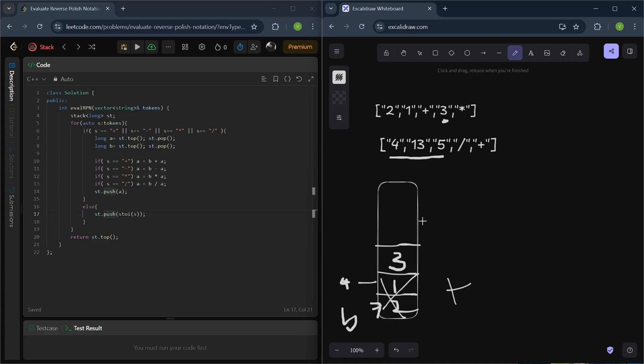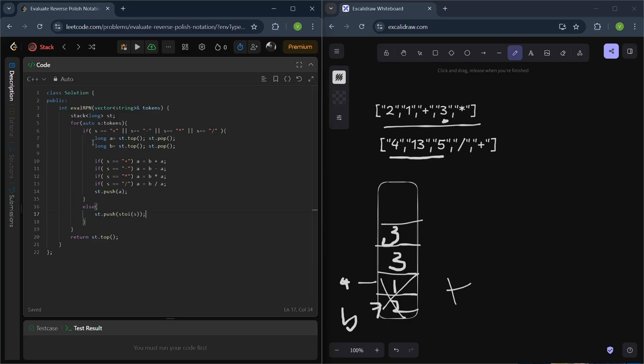After that, the loop will run again. Again we are going to insert the number, then again 3.